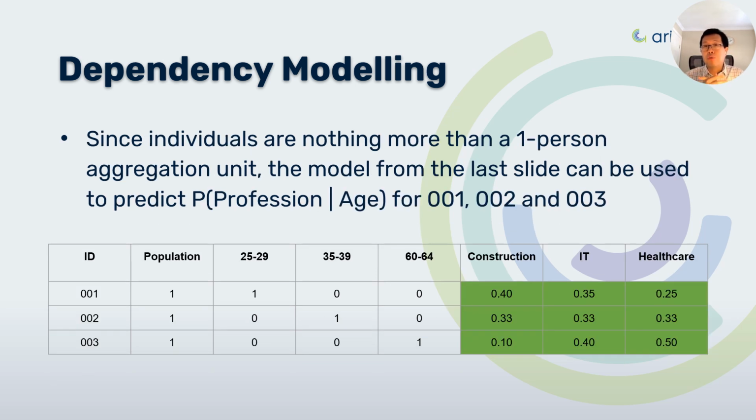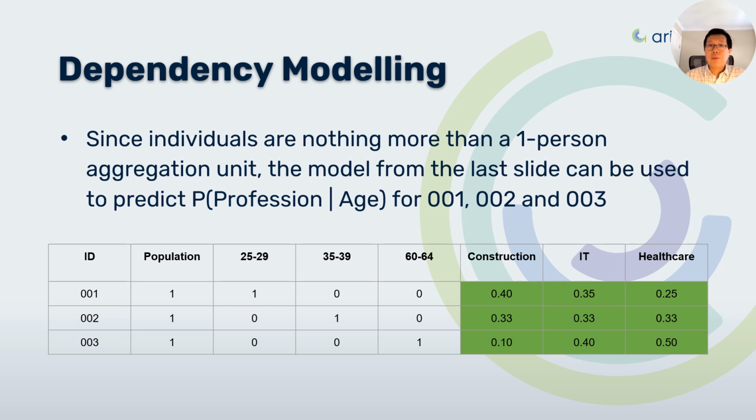One thing we should realize is that individuals are nothing more than a 1-person postal code. So once we've developed our model and have the model learned correlation patterns for age and profession, we can now turn our attention to individuals.